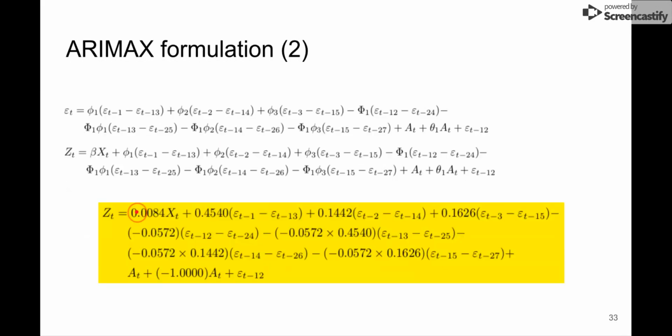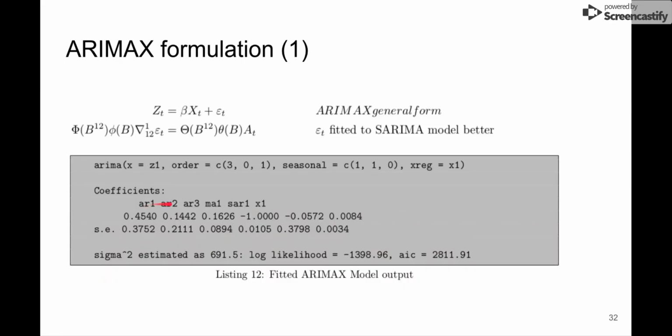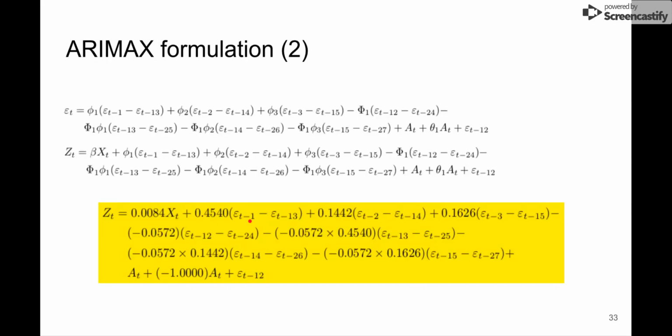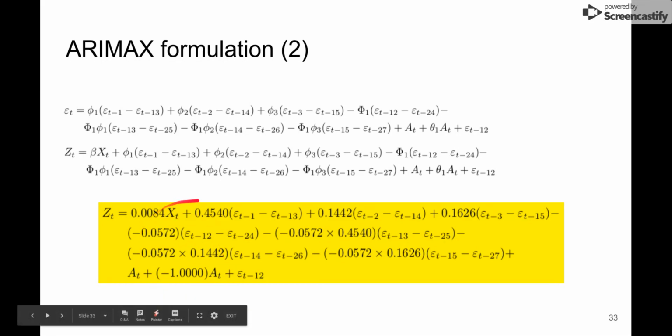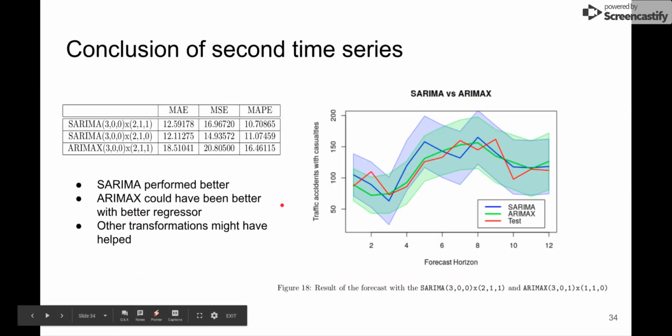So we have got these optimized parameters of the model, and if you write down the residuals part of the ARIMAX, it will look like this, and in general the model will look like this with these terms. And after plugging in the optimized parameters, we will get such a model.